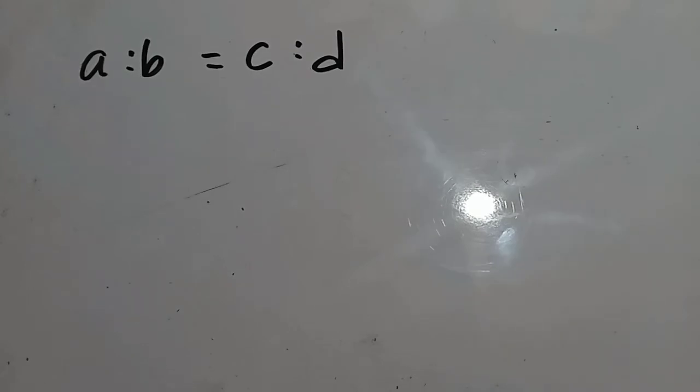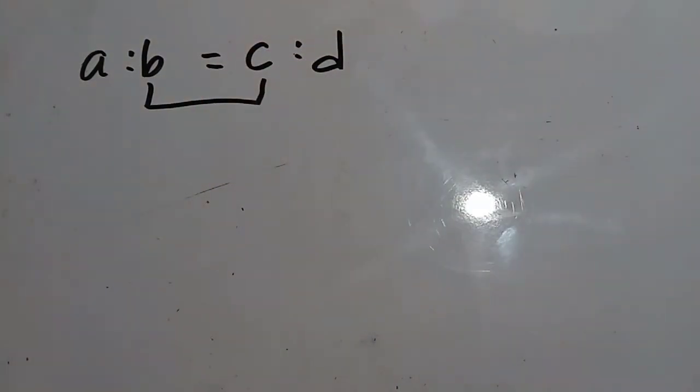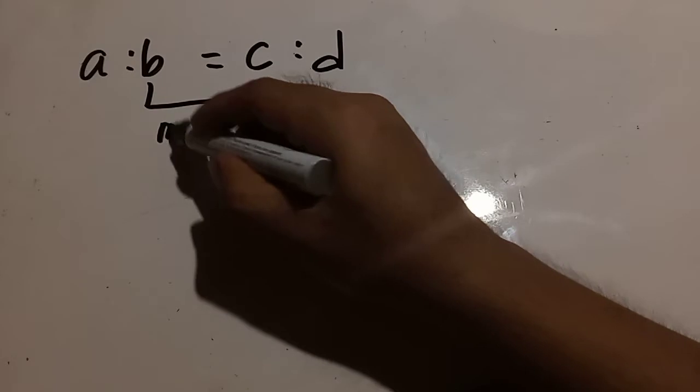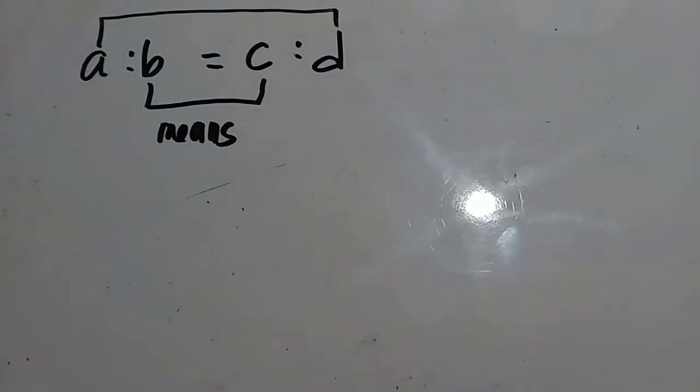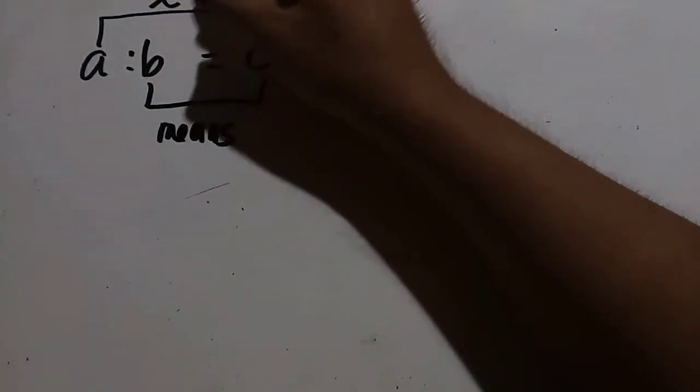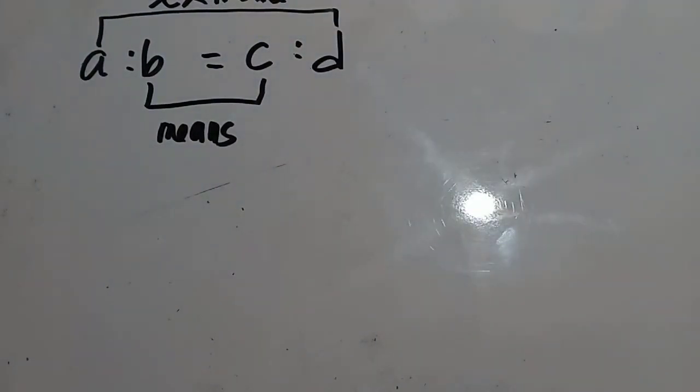Okay, so we have A is to B equal C is to D. So where B and C, ito ay tinatawag na ang ating means. Alright, and how about A and D? Ito po ay ating tinatawag na extremes. So paano natin malalaman kung ito ang ating means or extremes? So, ang ating means, lahat ng numbers na nasa inner part, that is our means.